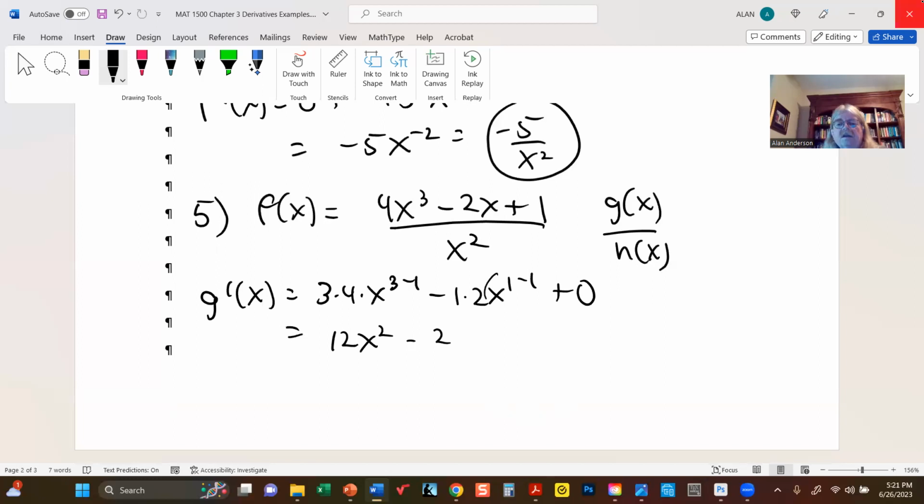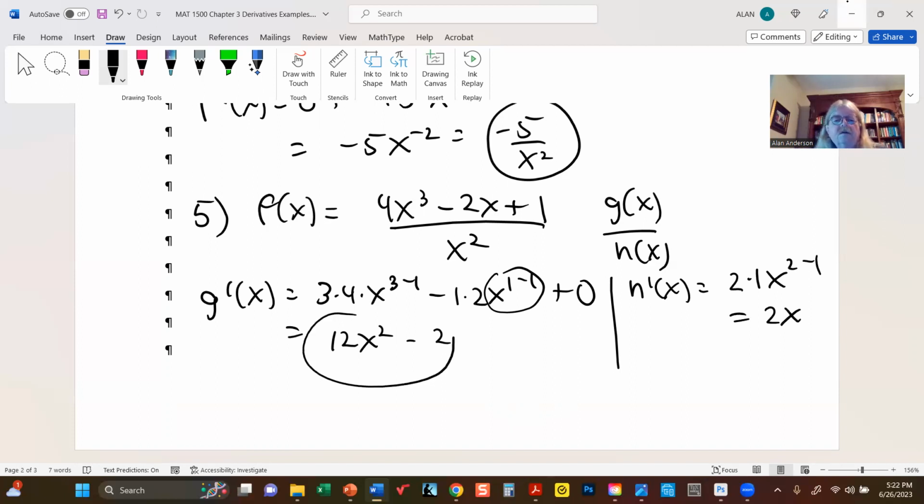So in other words, this is just equal to 1 because x to the 0 power is just 1. So that is our g prime of x, the derivative of the numerator. The denominator is easy. 2 times 1 times x to the 2 minus 1 is just 2x.